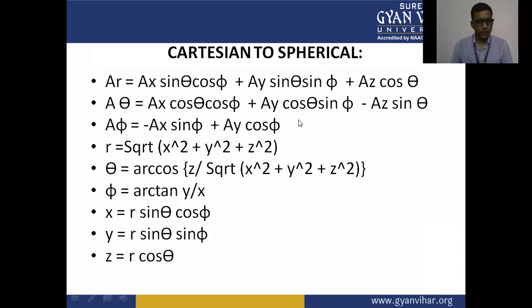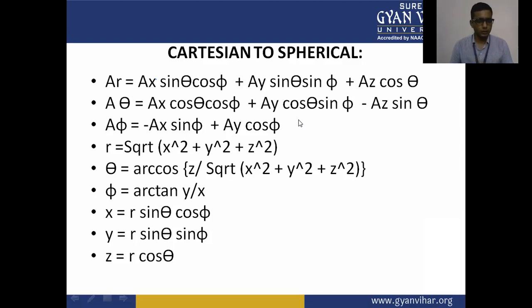A theta is defined as Ax cos theta cos phi plus Ay cos theta sin phi minus Az sin theta. And A phi is represented by minus Ax sin phi plus Ay cos phi. So these are the r, theta, and phi components in the spherical coordinate system.